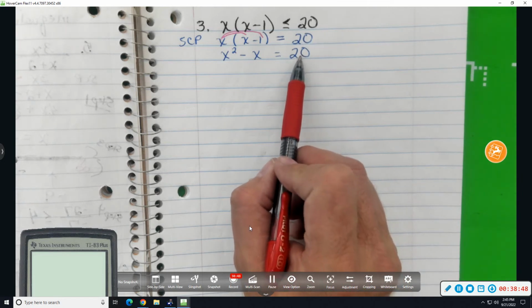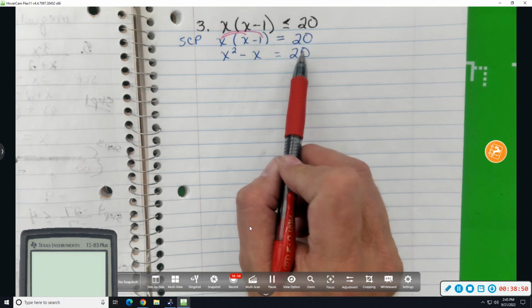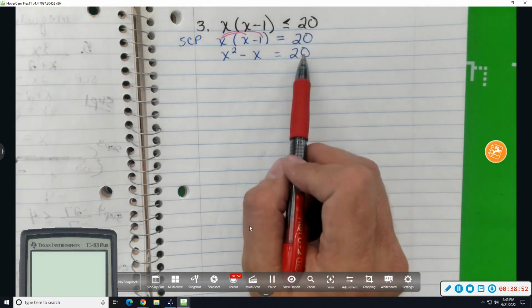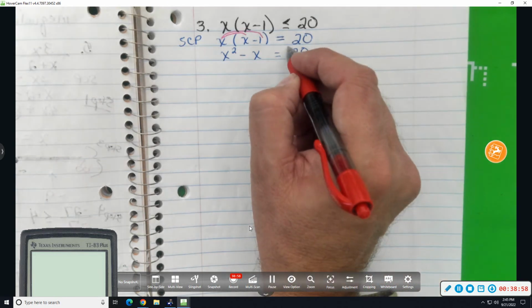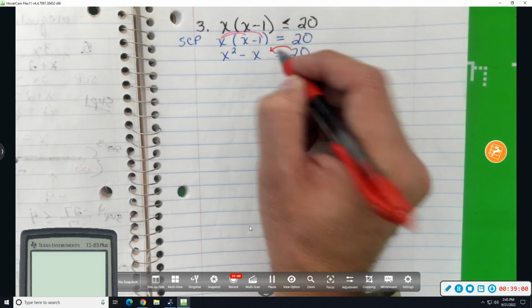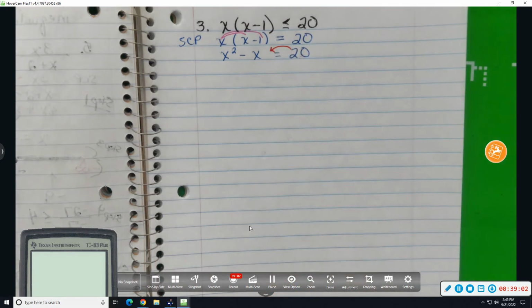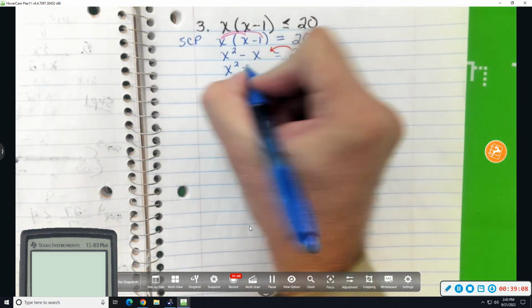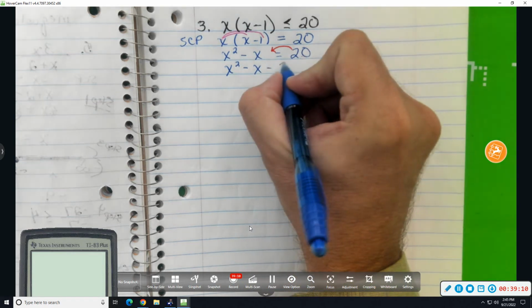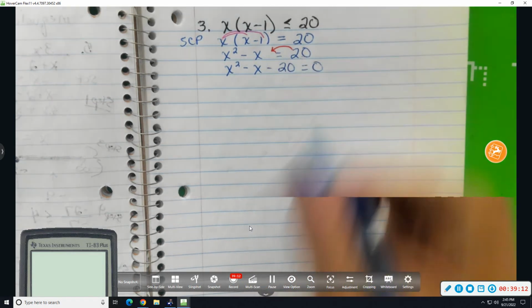So what am I going to do to both sides in order to get rid of this 20 and get a 0? Subtract 20. If I subtract 20, I'll just put the little arrow, meaning move it over and change the sign. We have x squared minus x minus 20 equals 0.